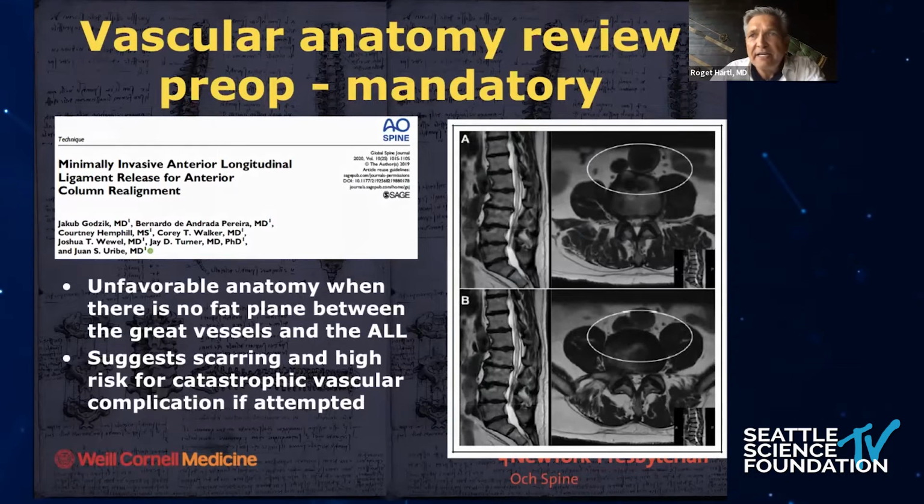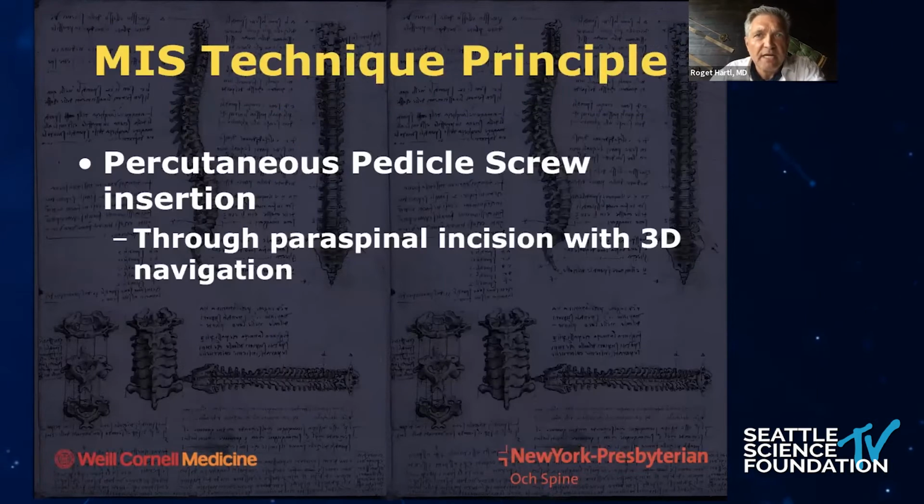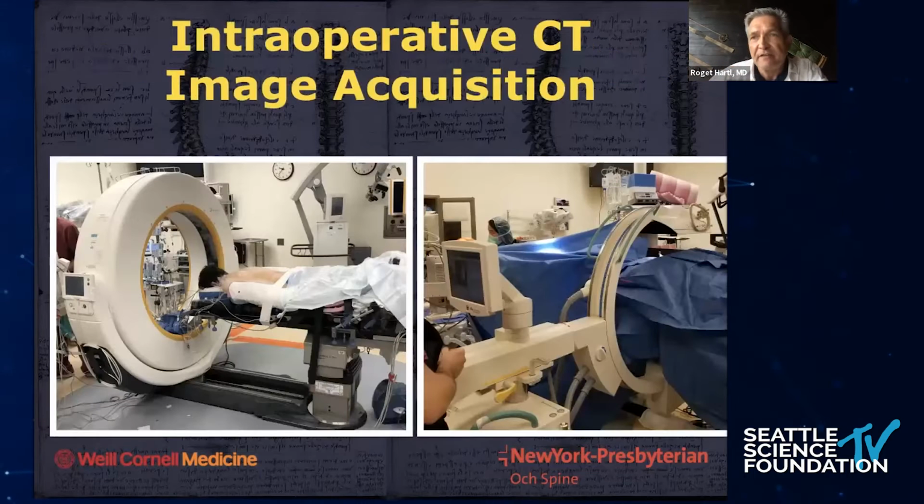Another technique principle that really has gained traction in the MIS world is percutaneous pedicle screws with navigation or with robotic surgery. And now there are various companies out there that offer pedicle screws that can be inserted without the need of K-wires and multiple tools that are being inserted. We use, as I mentioned before, 3D freehand navigation primarily, but these can also be used with robotic surgery.